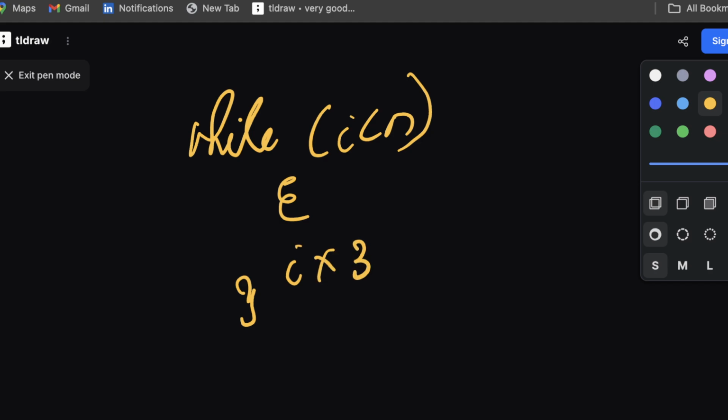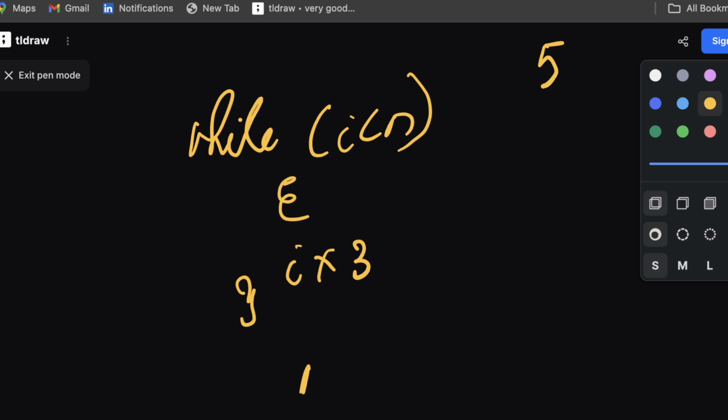So say n is 5. First i is going to be 1. I need to count the iterations, right?